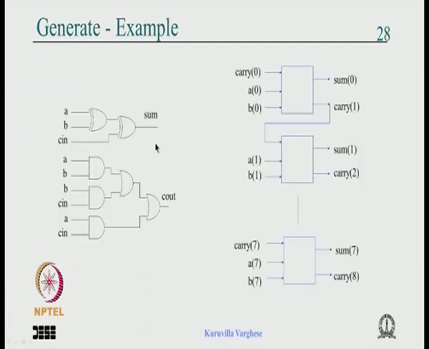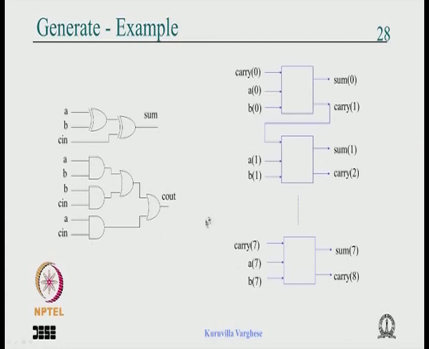And we have seen as an example an 8-bit ripple adder, and you know that the basic building block is a full adder, wherein there are 3 inputs, A, B and C in, and 2 outputs. The sum is A XOR B XOR C, and the carry out is AB or BC or AC.